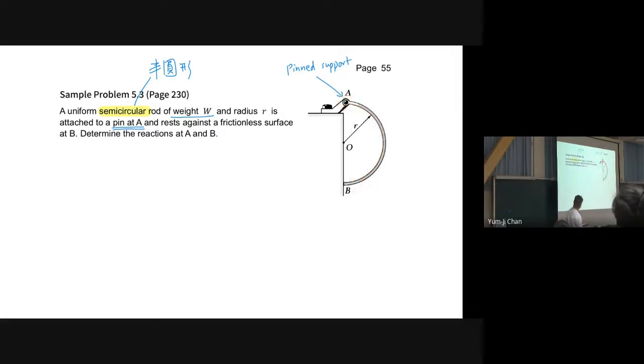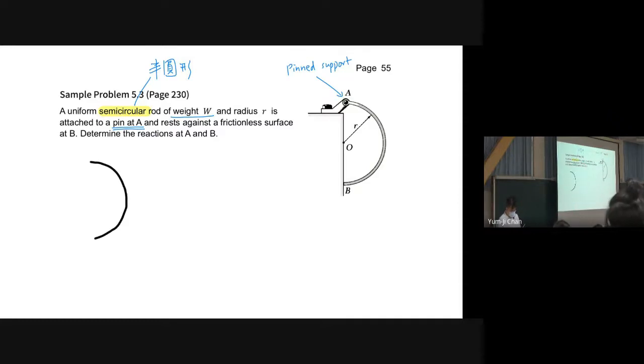But it will rotate, it wants to rotate against point B. Now, for this problem, determine the reactions at A and B. You should be familiar with this because this is something from chapter 4.